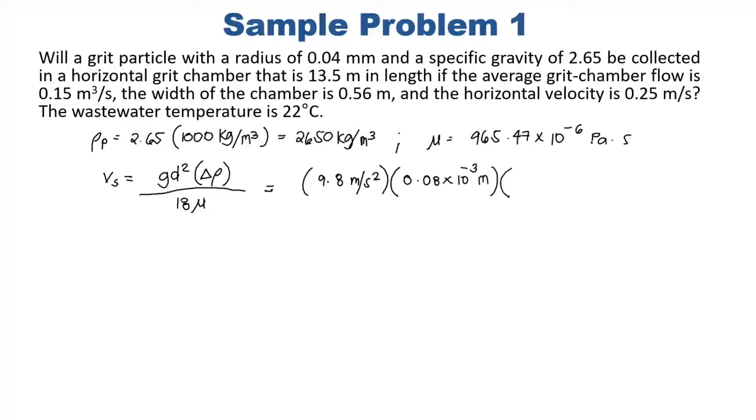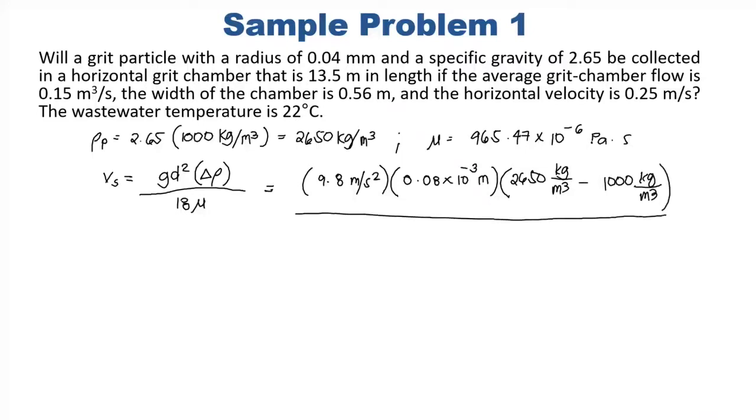Then the difference in densities, we have 2650 kilograms per cubic meter minus the 1000 kilograms per cubic meter, divided by 18 times the dynamic viscosity, which is our 965.47 times 10 raised to negative 6 Pascal seconds.